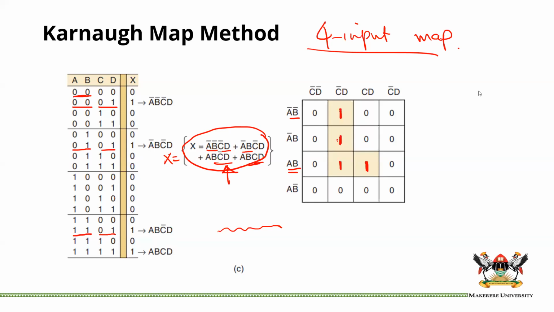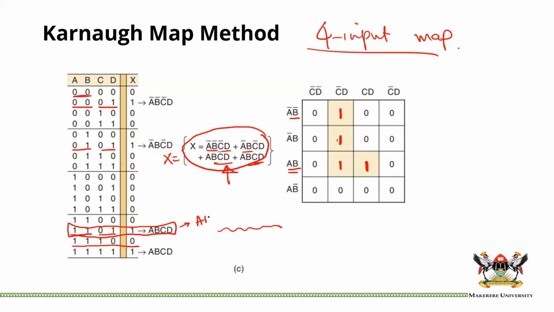But in the truth table, the second last row, we have A, B, C bar, D giving us a 1, but when I try to match it with the ones in the table, I'm getting a 0. Let me see. Yes, actually you are right.